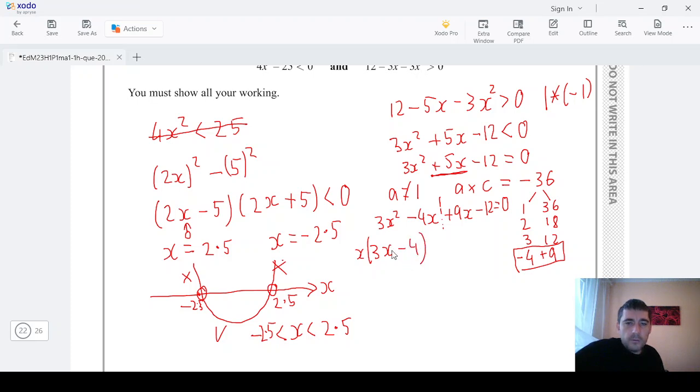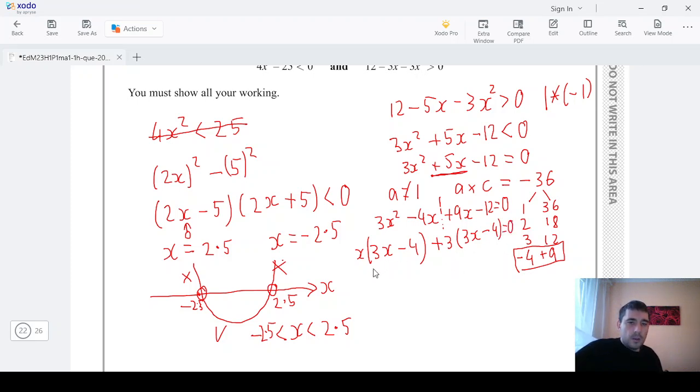Now I need to factorize the second bit. I can see that 3 goes into both 9 and -12, so move +3 in front of the brackets, and the brackets will contain the same 3x, then factor 3 out of 12, which will end up with -4, equals 0.